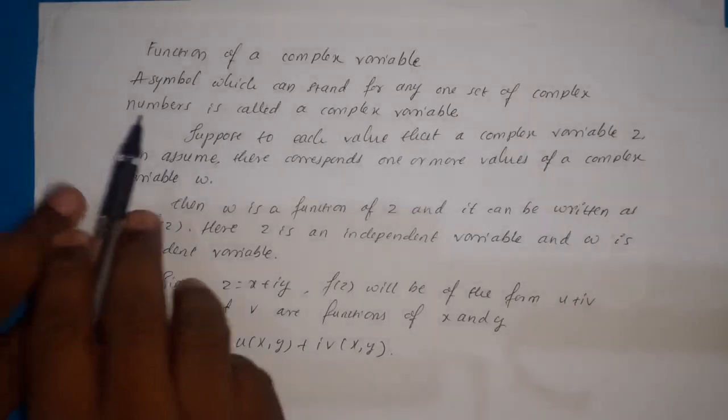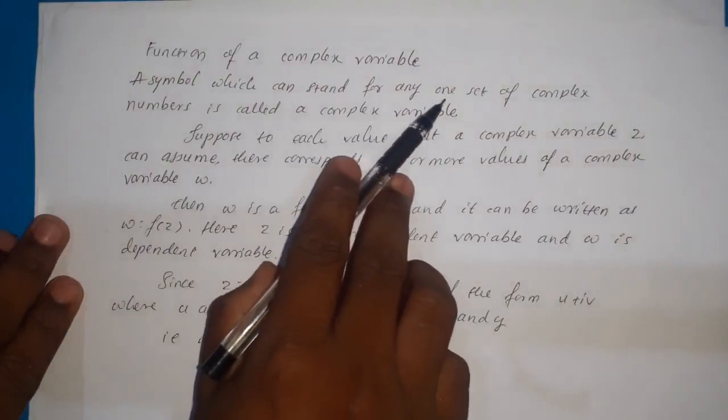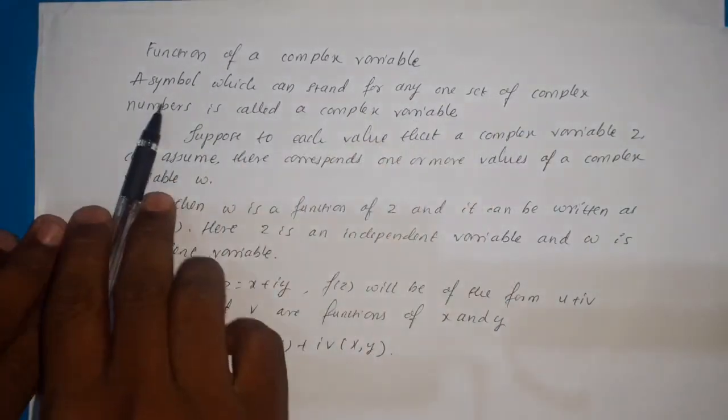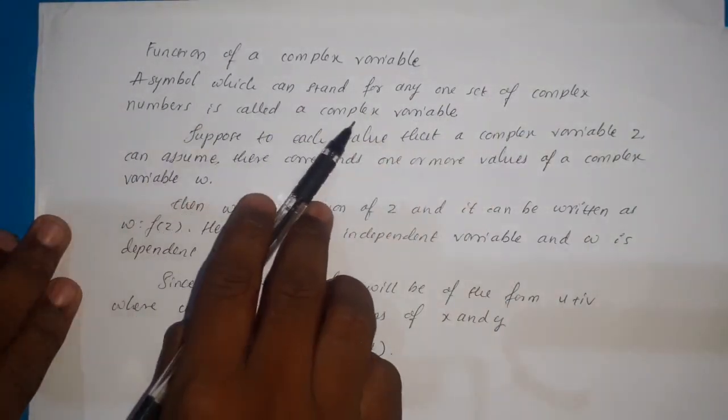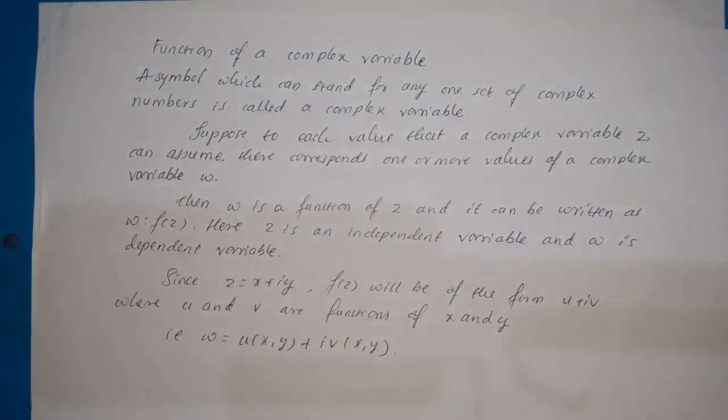So here, a symbol which can stand for any one set of complex numbers is called a complex variable. Already we have discussed z equal to x plus iy. If you give values for x and y, that will make one set. If you put x equal to 1 and y equal to 2, that is 1 plus 2i, that is one complex number.